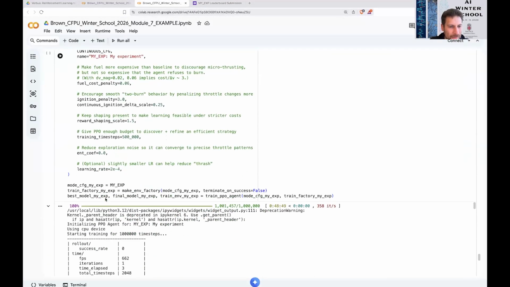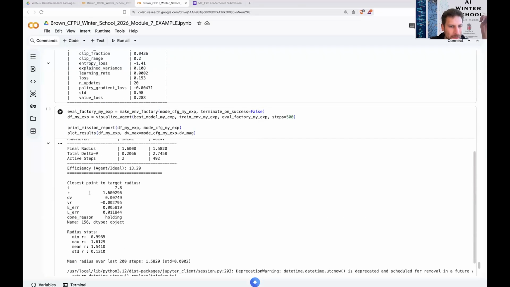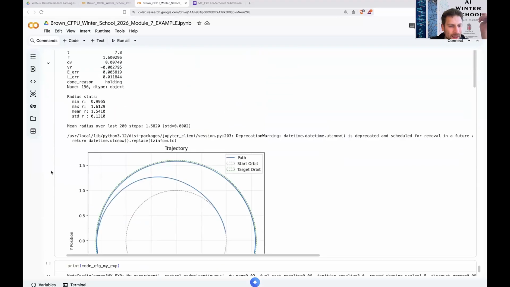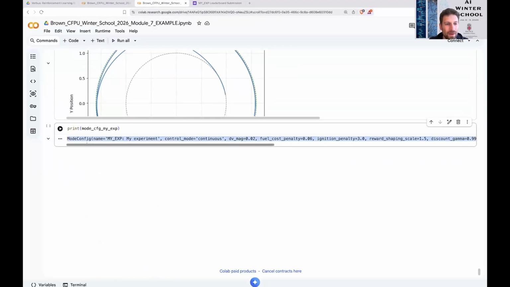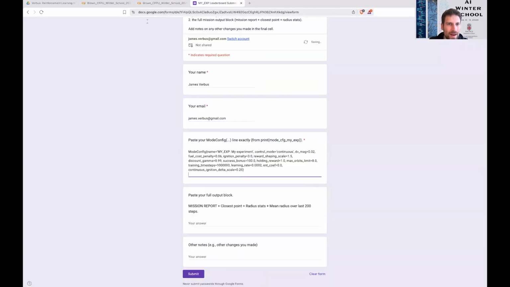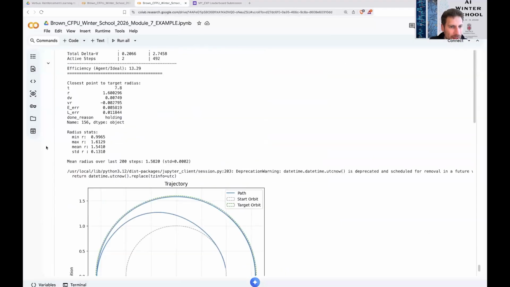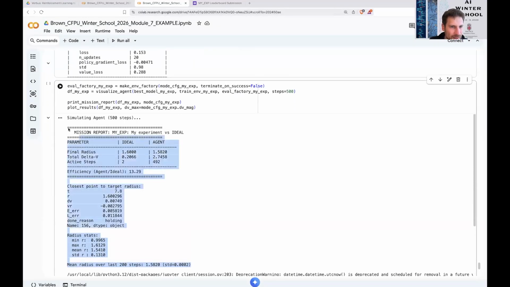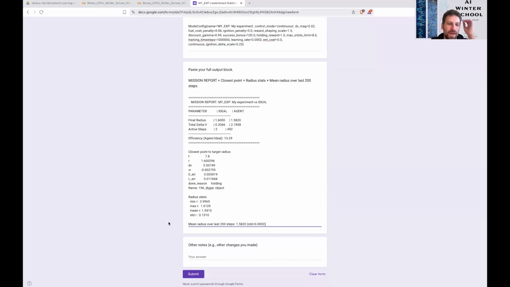If you look at the bottom of your experiment here, your particular configuration was output here. So you can paste that in here, and you can paste in your full output block, which would be this block here with the mission report. And there's a final field in the survey for any other notes for changes that you made.